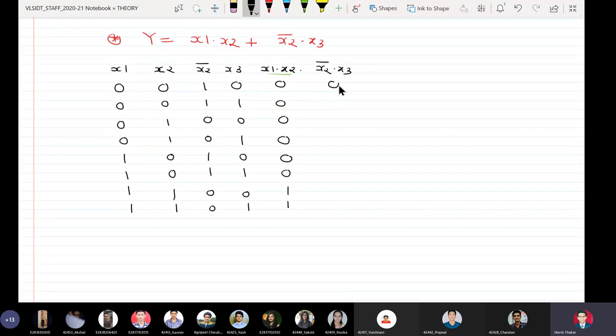So it is 0 1 0 0 0 1 0 0, and then next we have the function y. That will be the ORing between these two. So we have 0 1 0 0 0 1 1 1.